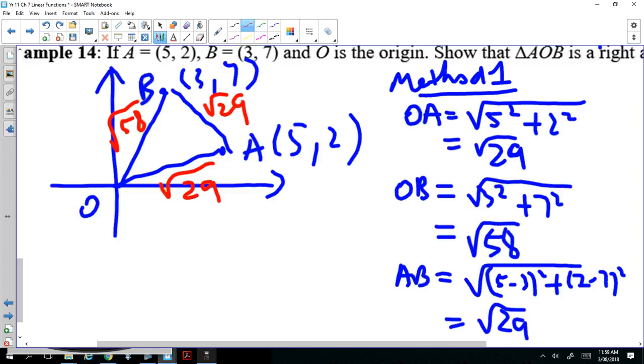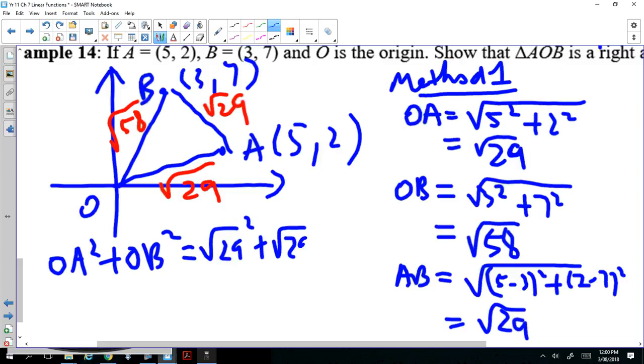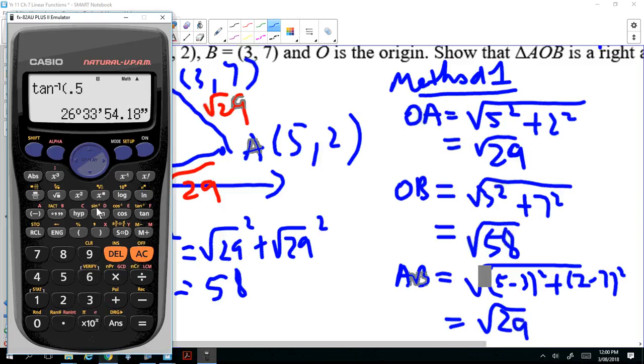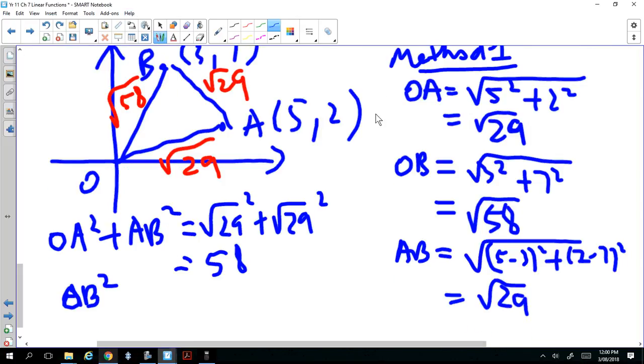And OB squared will be root 58 squared, which is 58. Now, can you see that they're the same? We can conclude that OA squared plus AB squared equals OB squared. That satisfies the Pythagoras theorem.